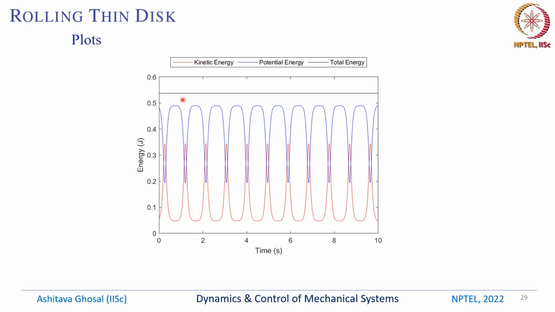In this example, the red curve is the kinetic energy of this disk, half I omega squared plus half m vc squared, and the potential energy, mg r cos theta 2, is the blue one. The sum of both of them is this dark one, which is more or less constant. So this gives us some confidence that whatever code you have written, whatever simulations you have done, makes sense.